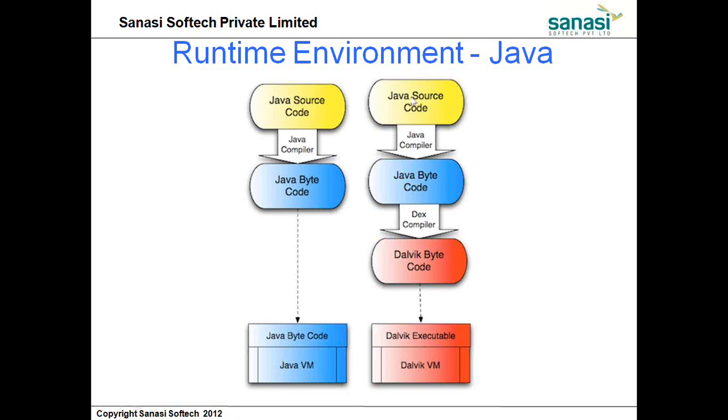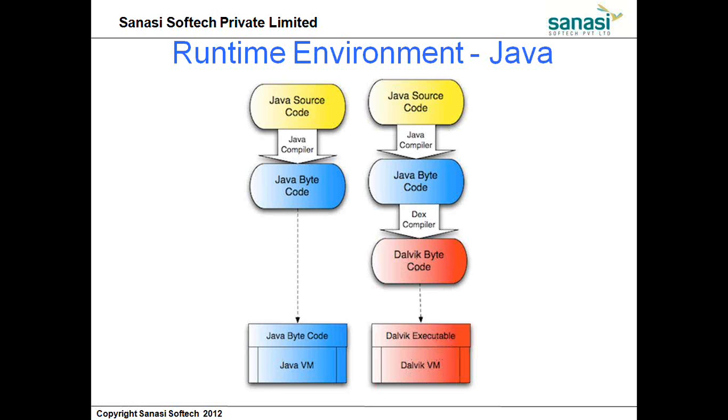So in essence, there is a slight deviation of the flow. The Java source code goes through the Java compiler and the Java bytecode is generated, and after this there is something called a DEX compiler. The DEX compiler takes this bytecode as the input and produces what is called the Dalvik bytecode, and then this Dalvik bytecode executes on the Dalvik virtual machine.